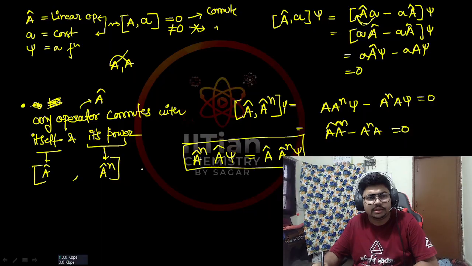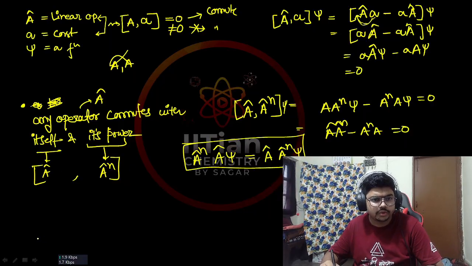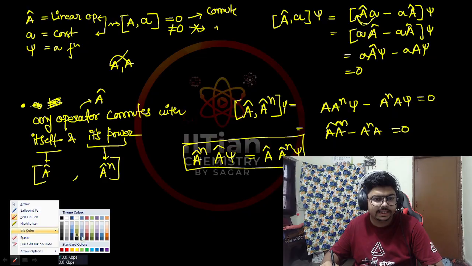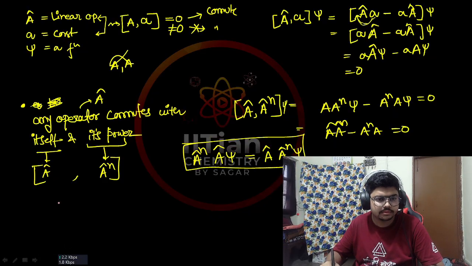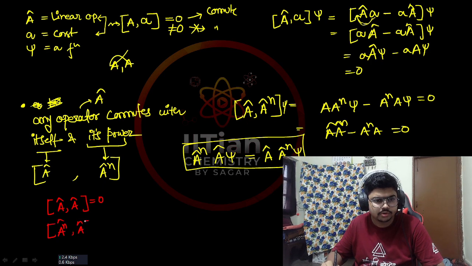Okay, so any operator commutes with itself and its power practically means A comma A will commute, A to the power n comma A will also commute, and A comma A to the power n will also commute.